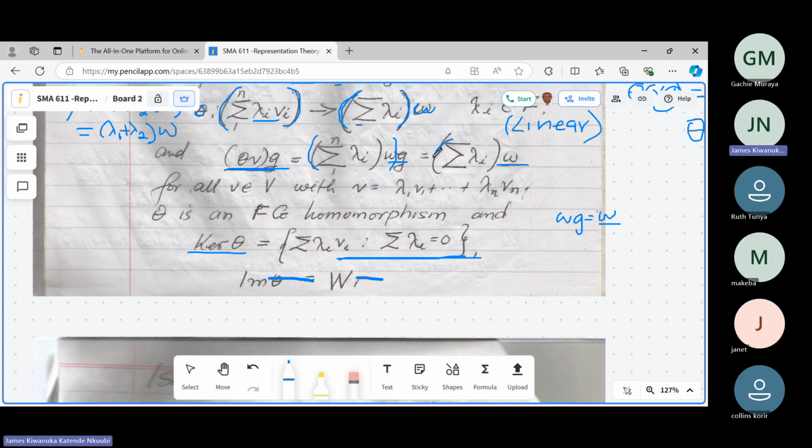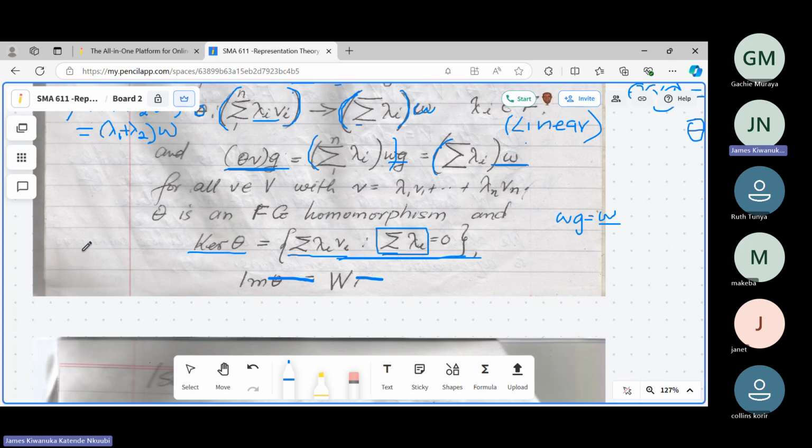So how do you get 0 on this side? The only way you'll get 0 on this side, since W is not 0, is if this sum is 0. The sum of these scalars is 0. So to get those vectors which are mapped onto 0, you need to get all those linear combinations such that the sum of the coefficients is 0.